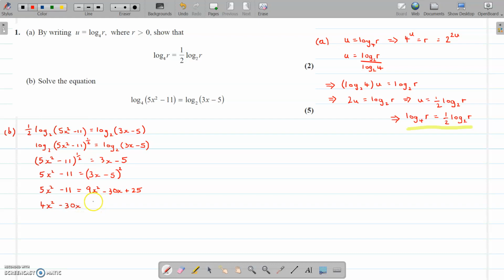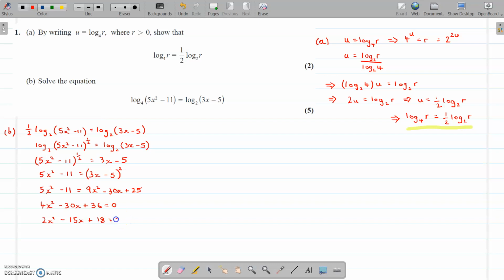And then we're going to have plus 36 equals 0, and hopefully you will see that that can be reduced down by a factor of 2 to give me 2x squared minus 15x plus 18 equals 0.